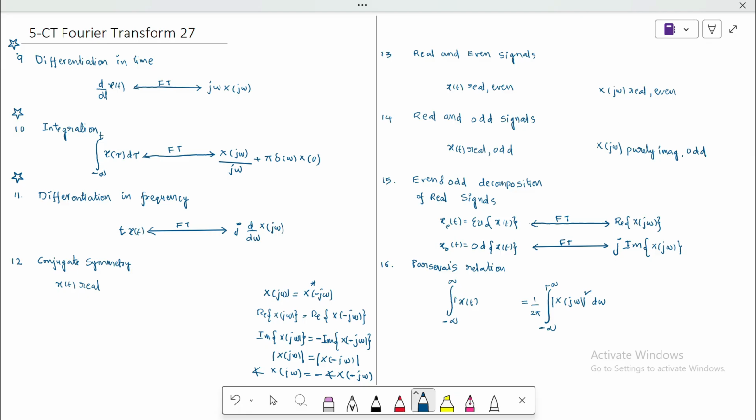Energy is nothing but the integral of power, and power is the square. Then the mod of the exponential goes to 1, and the last term is dt. So this is Parseval's relation, for the energy of a signal, meaning the total energy is the same whether measured in the time or the frequency domain. That is the case.